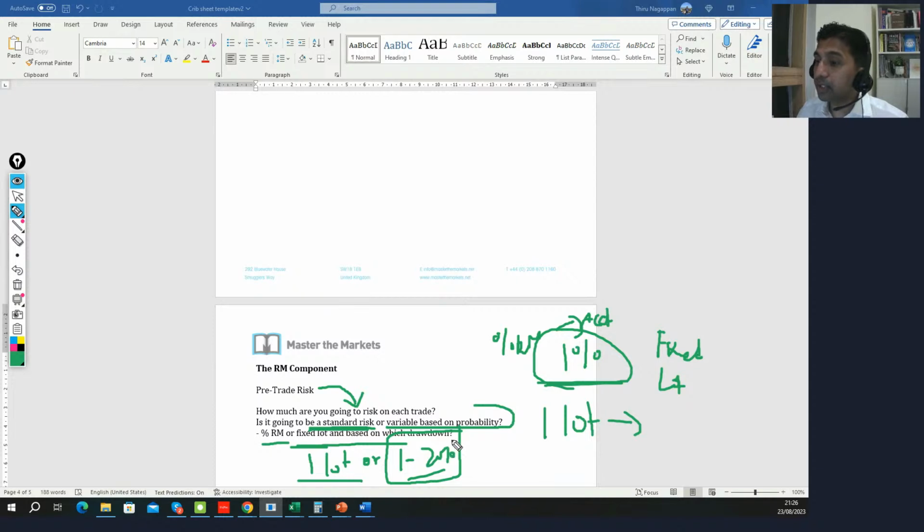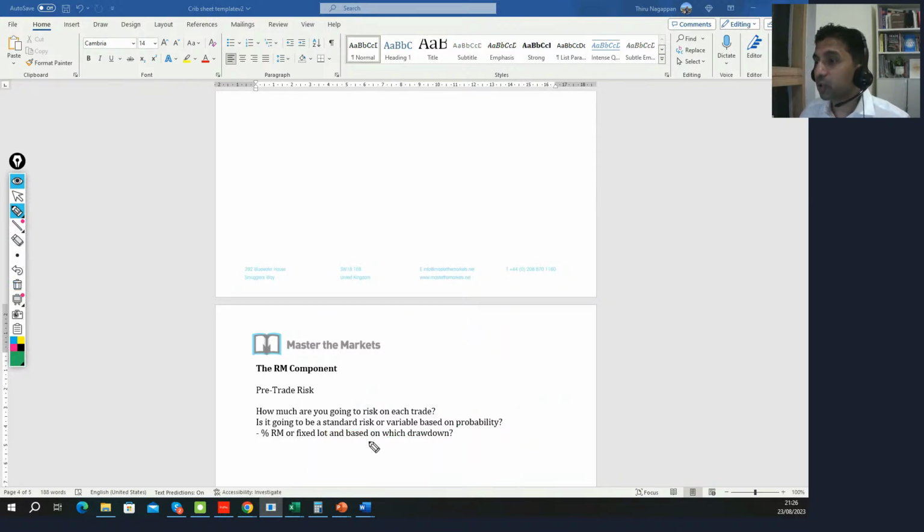But also, how do we decide? You might say, how do I decide if it's going to be one lot, 0.1 lot, or two lots? Or 1 to 2%? The way you do that is based on your drawdown analysis, which I'm going to go through in more detail later on. Let's say from your strategy drawdown analysis, the maximum peak to value drawdown of your strategy can only be, let's say, 5%.